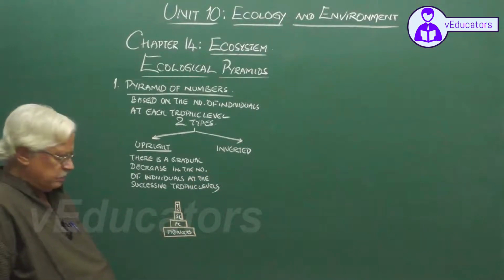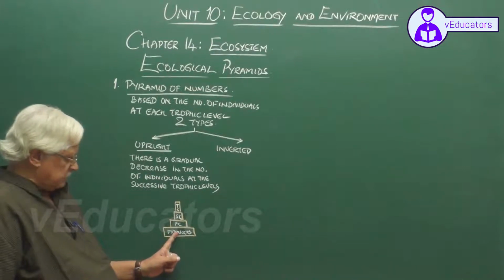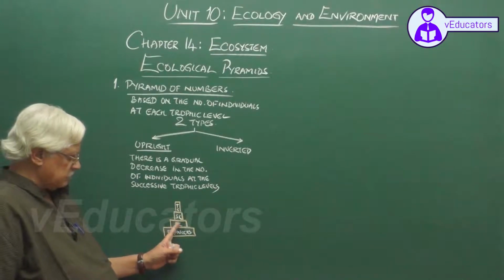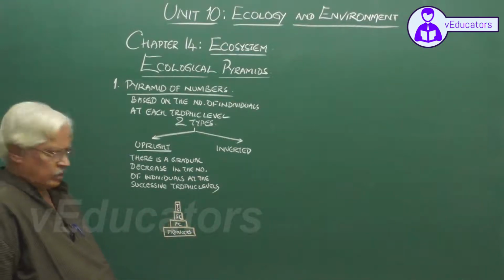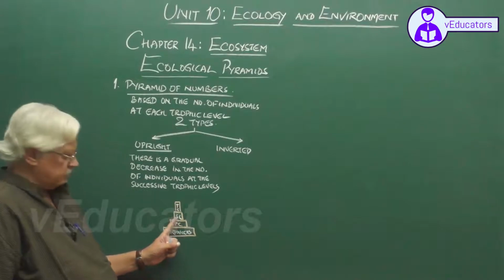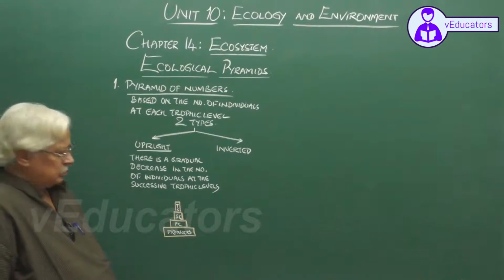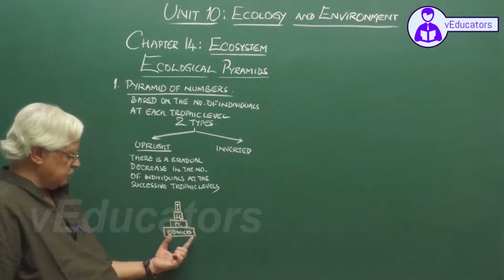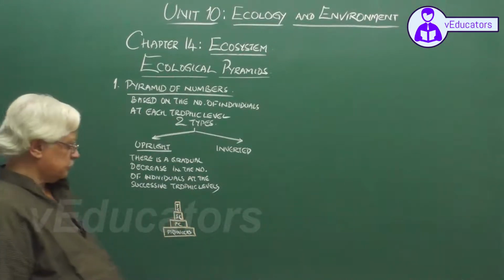Going back to the examples we have studied: grass, grasshoppers, frogs, snake. Algae, insect larvae, fishes, birds. So, a typical situation where base of the pyramid is broader, apex is narrow.